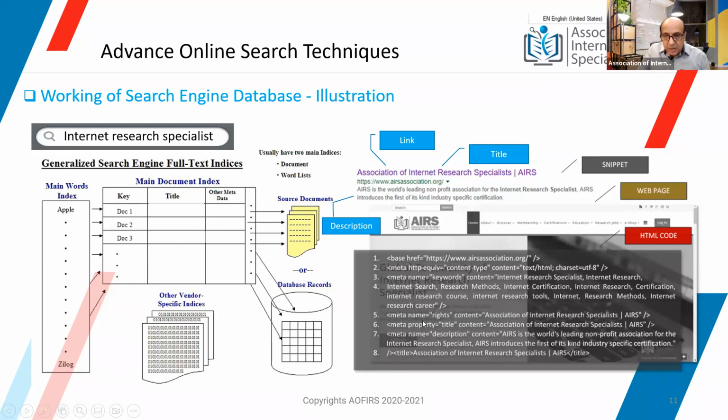Maybe there is another one. Anyway, we are not learning HTML. Here it is, meta property title. Actually, this number 8 you have to ignore. It doesn't have the word meta in it, but the ones that are non-meta tags, like the one in line 8 where it is red, I'll talk about later. But right now we're talking about meta information or meta tags.